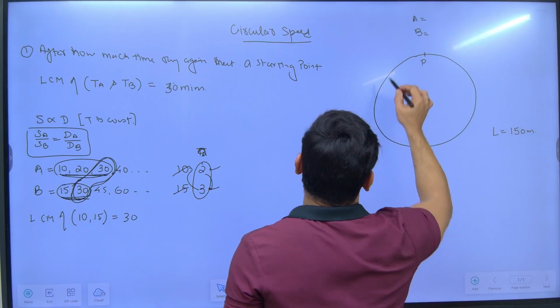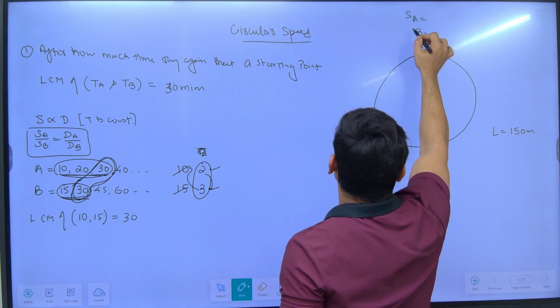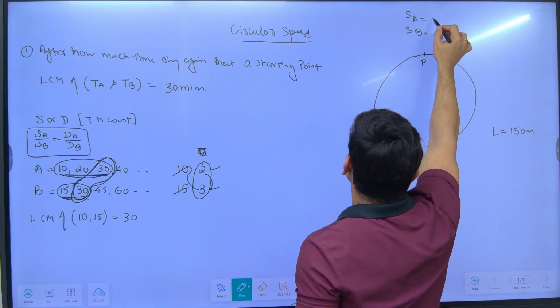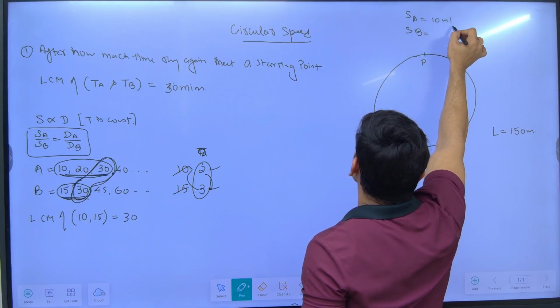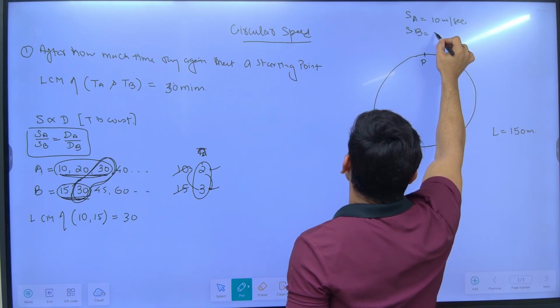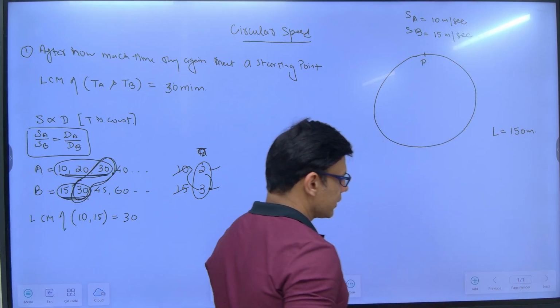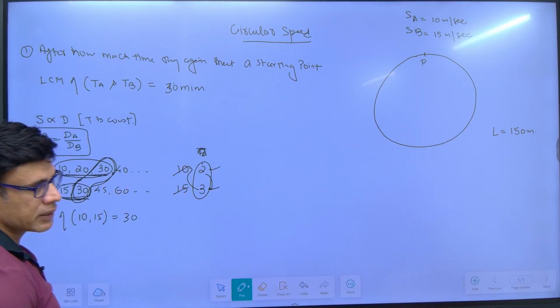And let's say now the speeds of A and B are given to you. It is given that the speed of A is, let's say, 10 meter per second, and B is, let's say, 15 meter per second. Now, instead of time, speed is given to you.